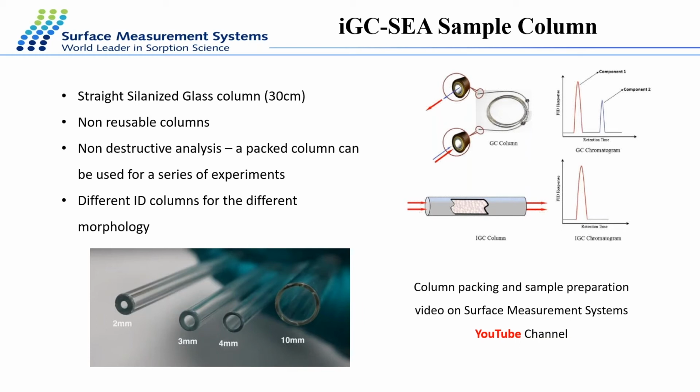Once you pack the column with the sample, you can use it for different types of analysis, because the measurement is non-destructive. On our YouTube channel, you can watch some videos about column packing and sample preparation, if you are interested in how to pack a column with a fiber or with a powder sample.